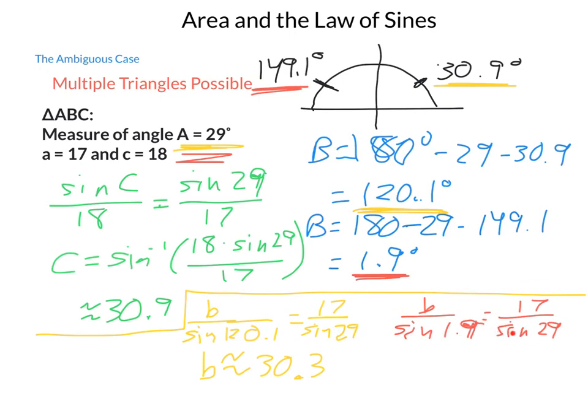Or I could be looking at B over the sine of 1.9 degrees equaling 17 over sine of 29. Notice in both of these, I use my known pair to begin with. In this case, I come out with B being approximately 1.2 units in length. And that makes sense because a larger angle will open to a larger side. So if I have a very small angle measurement, I'll have a very short side length.